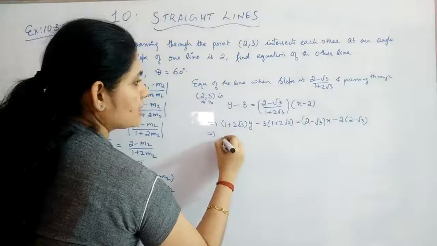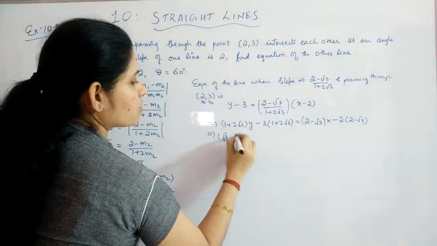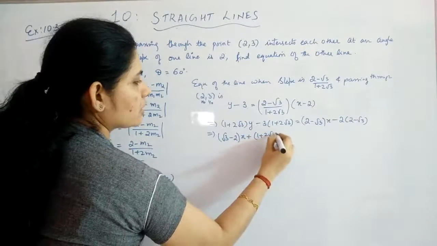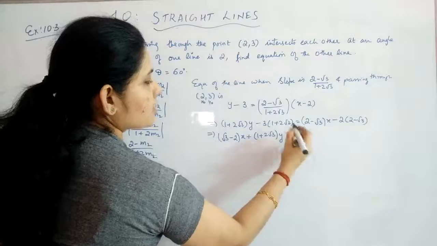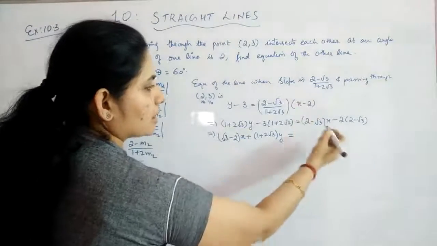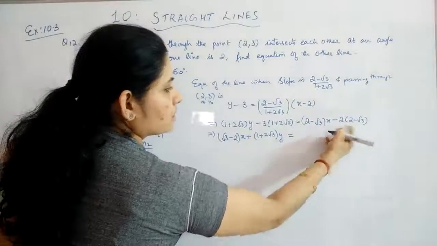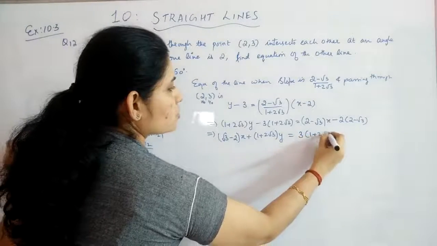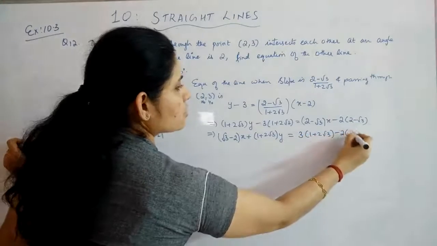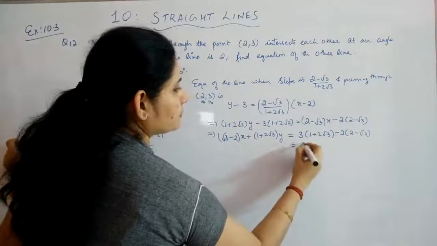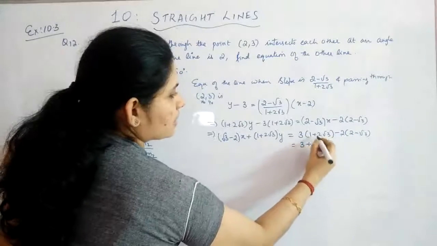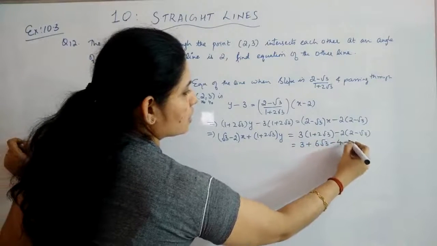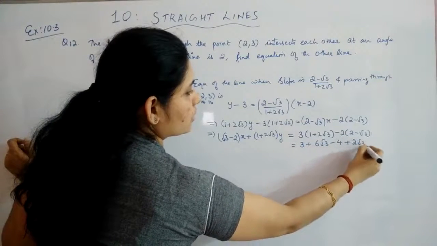So, that I can write root 3 minus 2 into x plus this term is same 1 plus 2 root 3 into y is equal to, again I am taking this to the other side. Here you already have this term, this will go there, means positive 3 into 1 plus 2 root 3 minus 2 into 2 minus root 3, that is 3 plus 6 root 3 minus 4 plus 2 root 3.